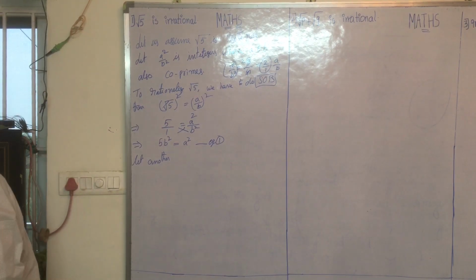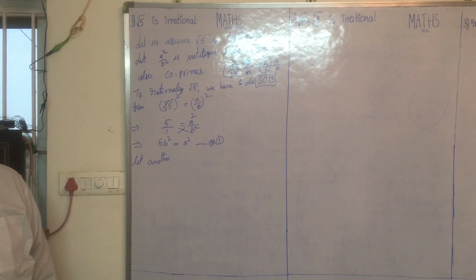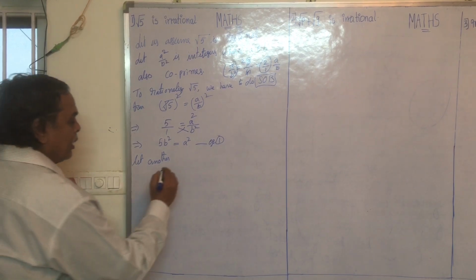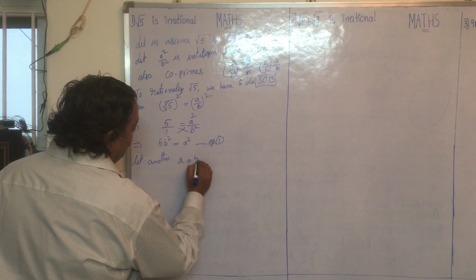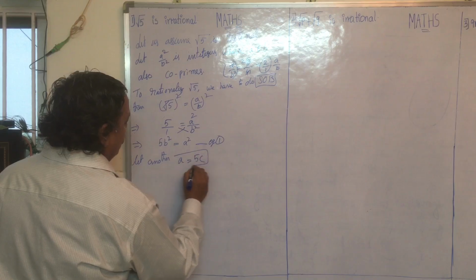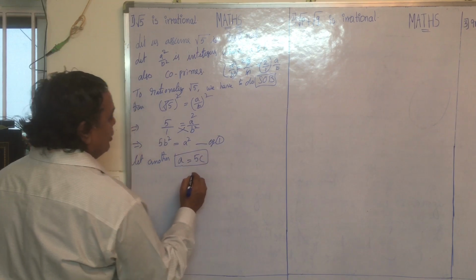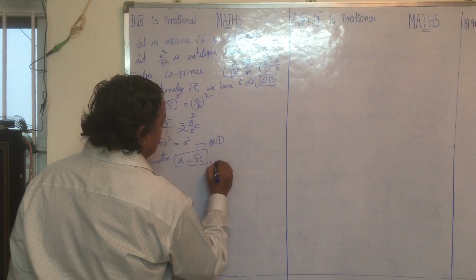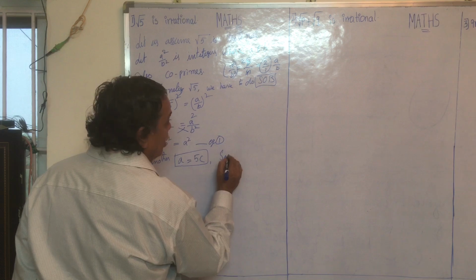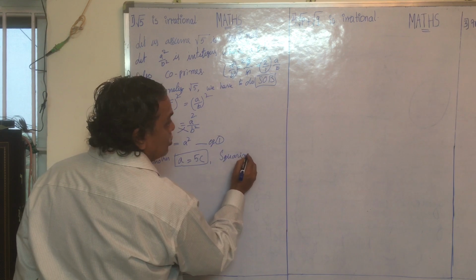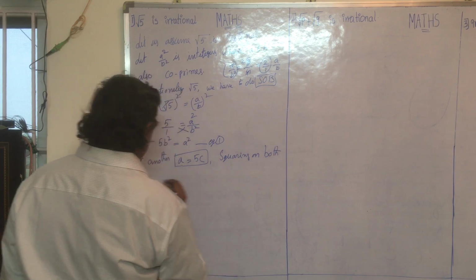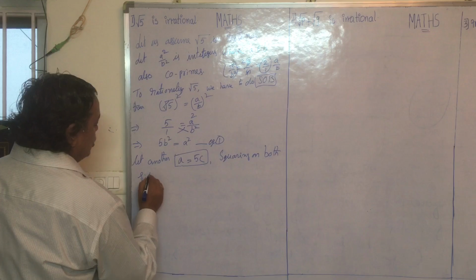What did you assume? Tell me. a square is equal to 5, so a is equal to 5c, where c is another integer. To rationalize, squaring on both sides, what do we get?